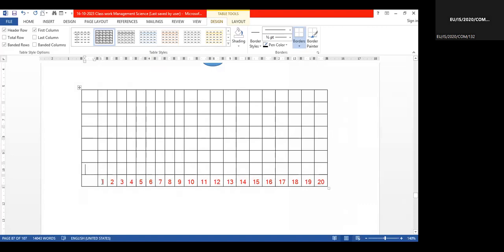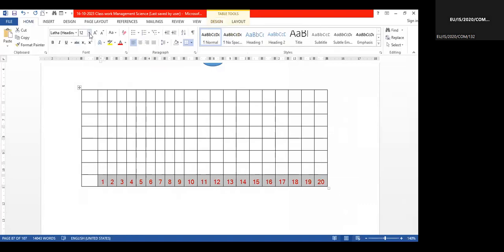So now if I take the activities, the first activity is A, no? So I put activity A here. How many days does activity A take? 4 days.